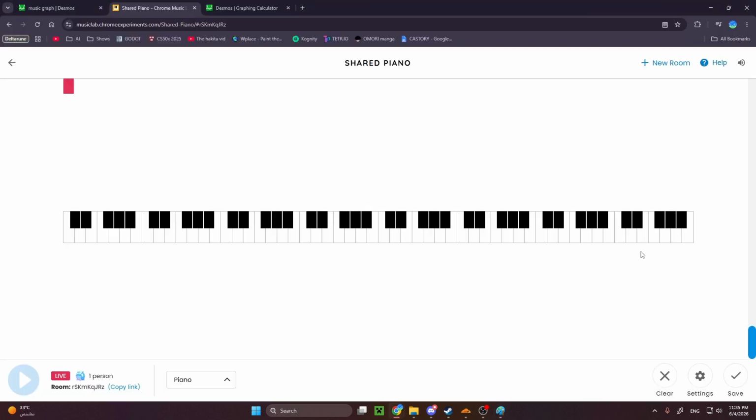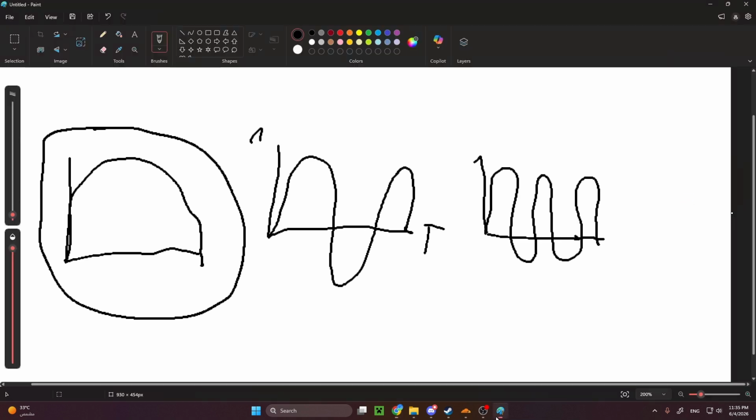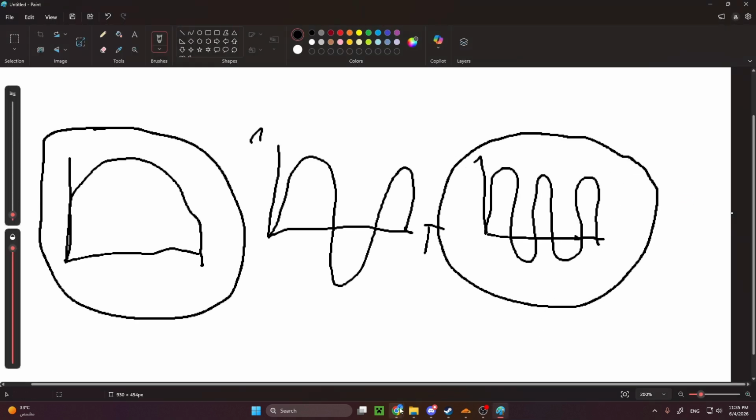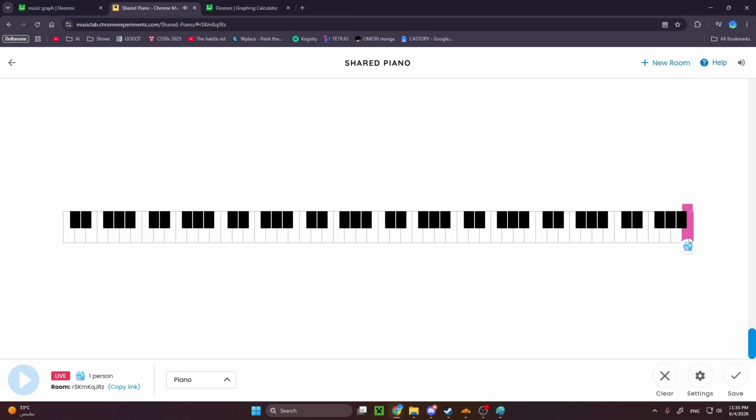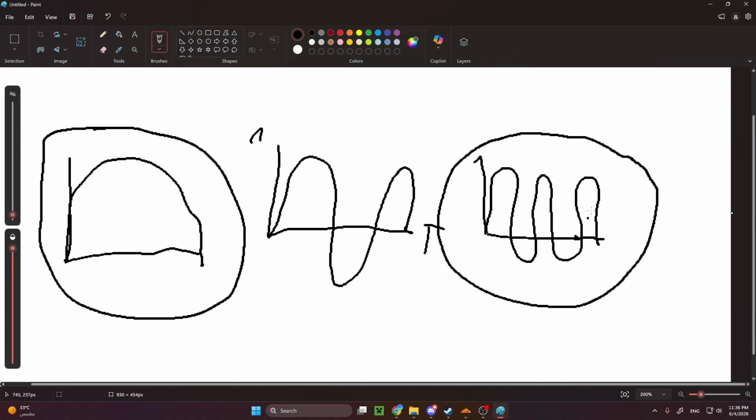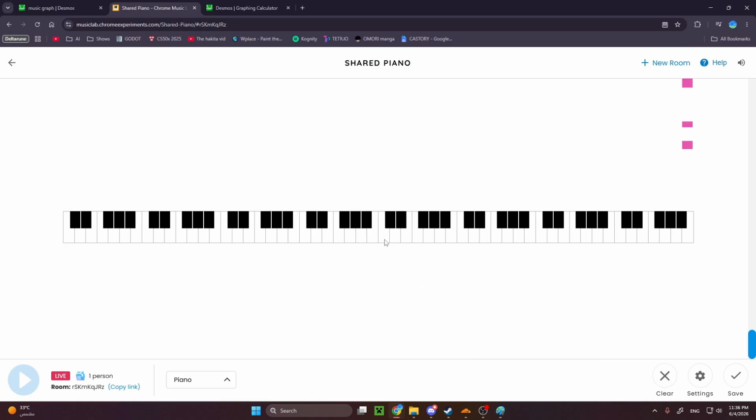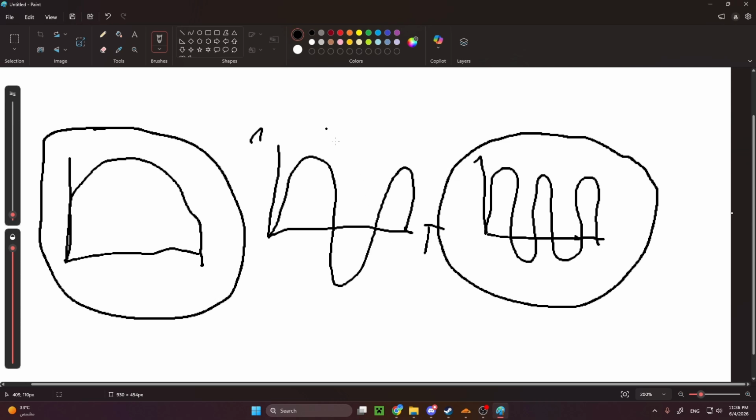Something like this would be best applied with this graph, because this has the highest frequency, because it's the highest pitch, and highest pitch is frequency. And if you have something in the middle here, then this would be the best application, a frequency that's not too high or too low.